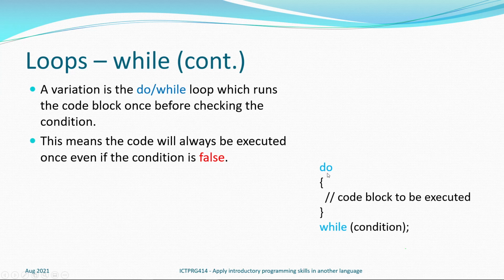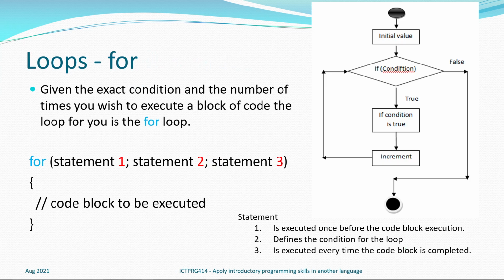We want to do the function, so we want to run that code block, and then evaluate the condition. And if the condition is true, it'll continue to do the loop. If it's false, it's already executed that once, and then it will move on. So it's a slightly different variation. It's one way of getting that block.